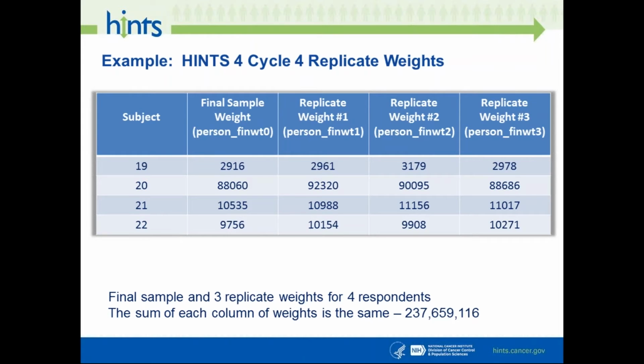So we have to reweight these, and these columns need to add up the same. So, not surprisingly, each weight for a person who's included will go up a little bit, because remember, we're deleting about 70 people, who have zeros there, so we have to reweight and typically, not always the case, they will get a higher value there. So again, just imagine there's 50 of these replicate weights.